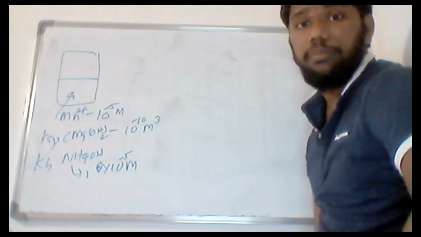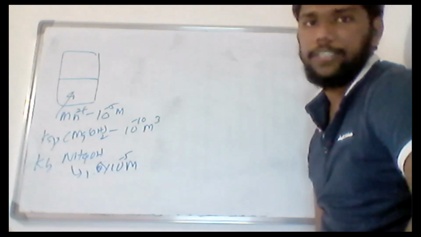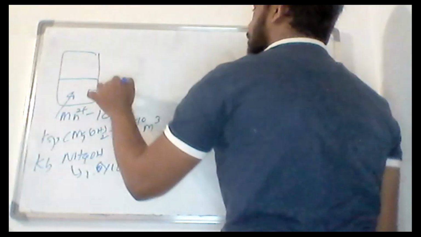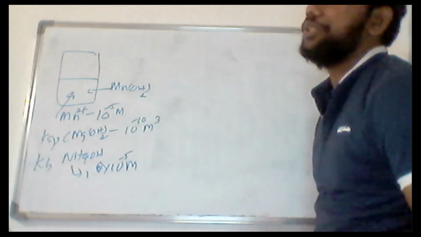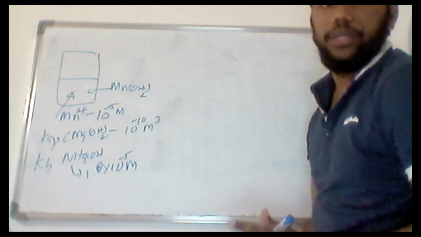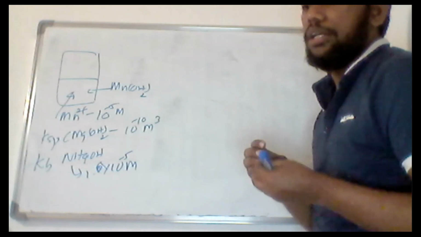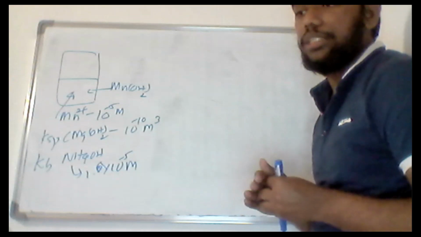Okay, so we have a saturated solution of Mn2+, and now they are asking to calculate the solubility product of Mn(OH)2, right? So this is a saturated solution of Mn(OH)2. That is what they have given. If you think about a saturated solution, it is always in an equilibrium, because that is the limiting or the minimum point to form the precipitate.